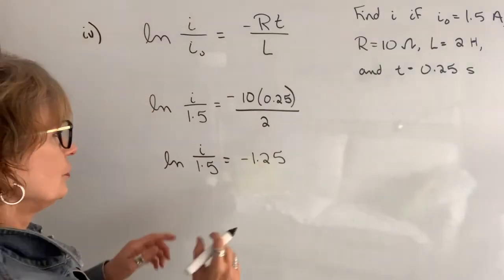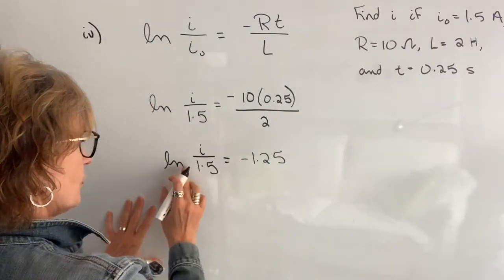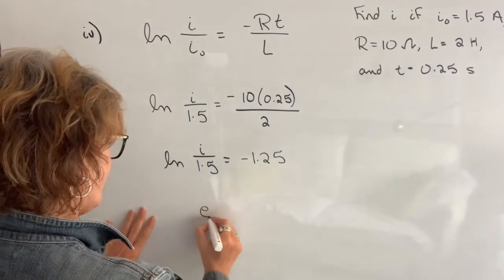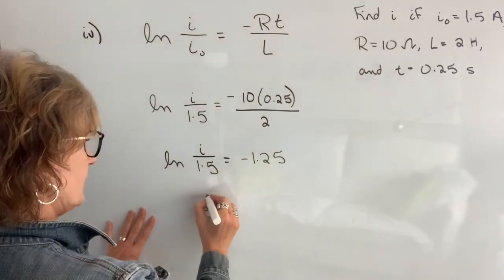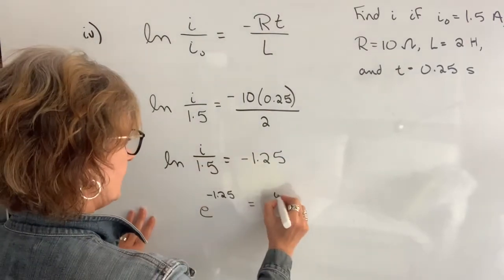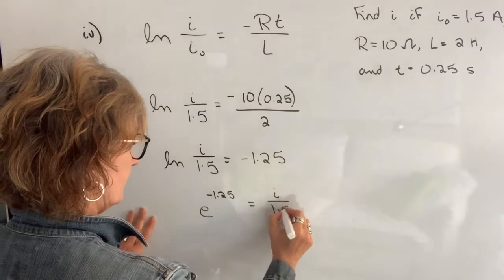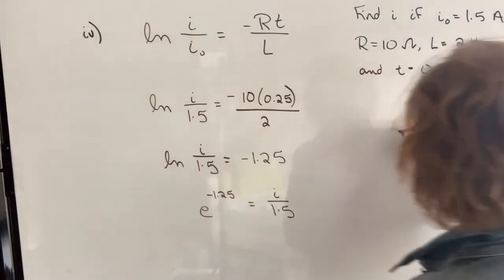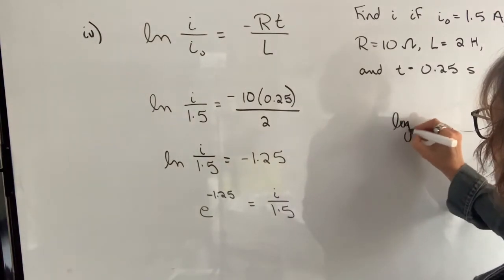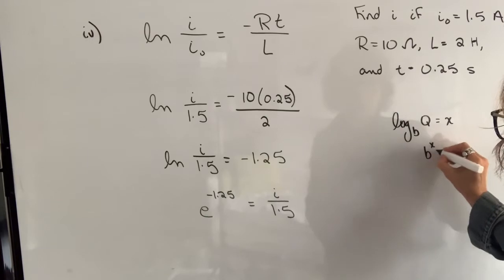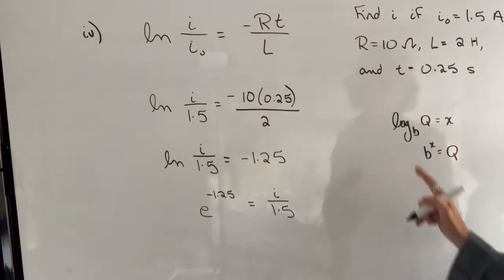So what we're going to do is go to exponential form. We're working with natural log, so we know our base is e. This is our exponent, and that's equal to our quantity. So remember, that's all I did.